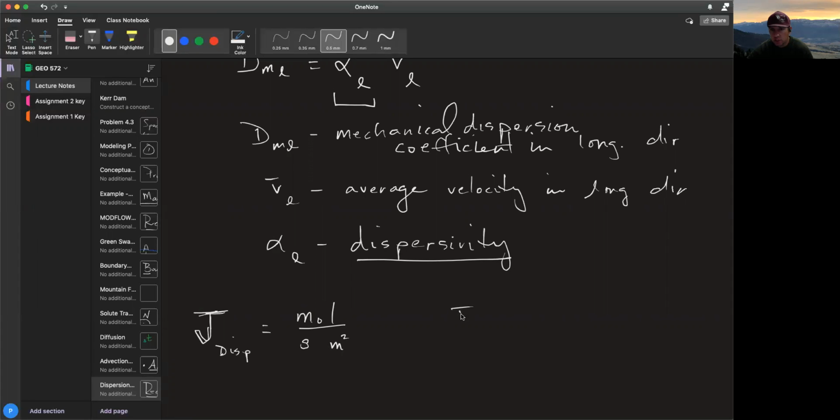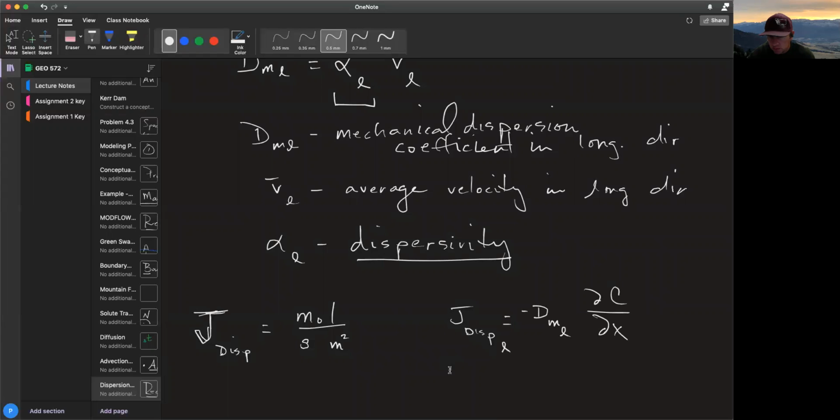So we said that J dispersion would be equal to negative DML times dC/dx, for example, in the longitudinal direction. So dC/dx, that's moles per meter cubed per meter.